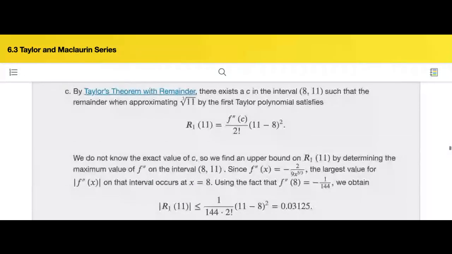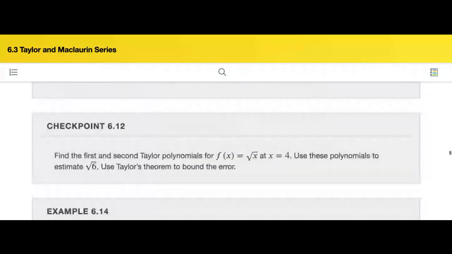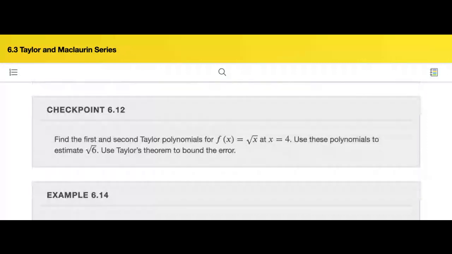Okay, let's try one. Let's try square root of x. Let's find a linear approximation and a quadratic approximation, which means the first order Taylor polynomial and second order Taylor polynomial. Then we use them to approximate the square root of 6.